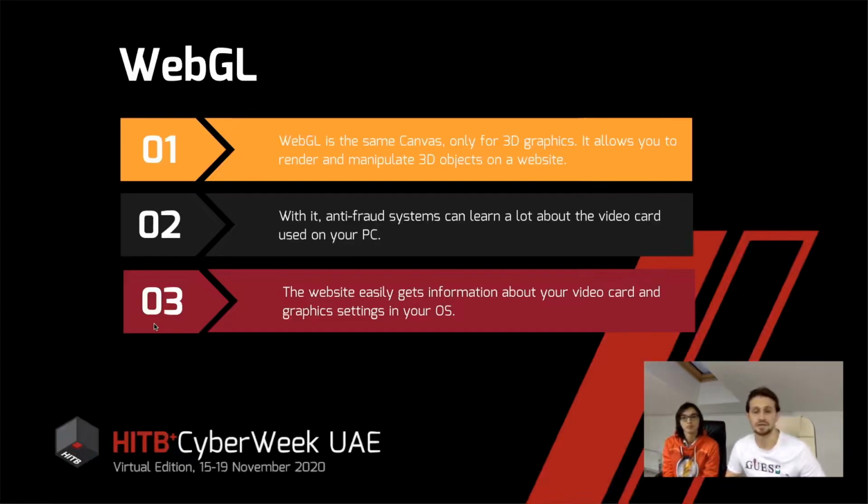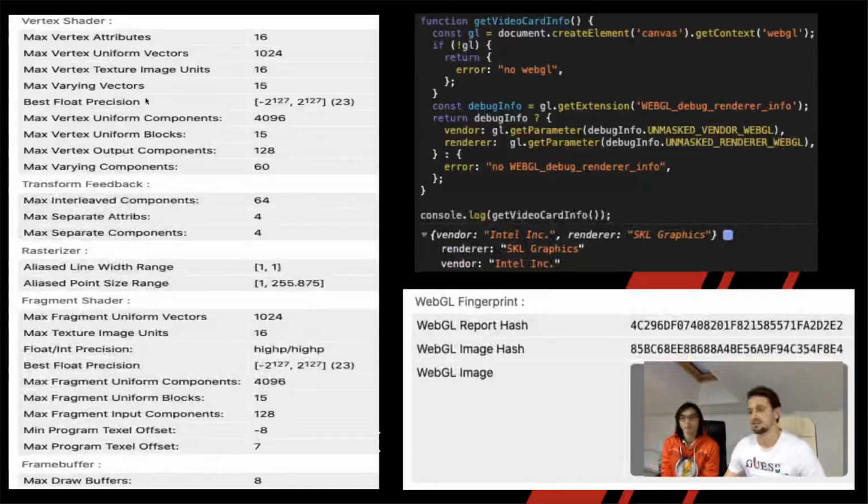So there are three components. And it allows websites to compare the hash received on your PC with other hashes in their database. And there is also some explanation of this parameter.